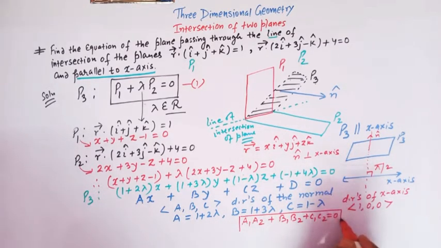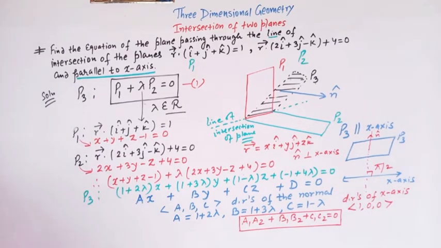So when two vectors are perpendicular, then their dot product or the scalar product should be 0, and from the dot product we get this condition, that is the product of the direction ratios, and if we add all the three components we'll get 0, right?